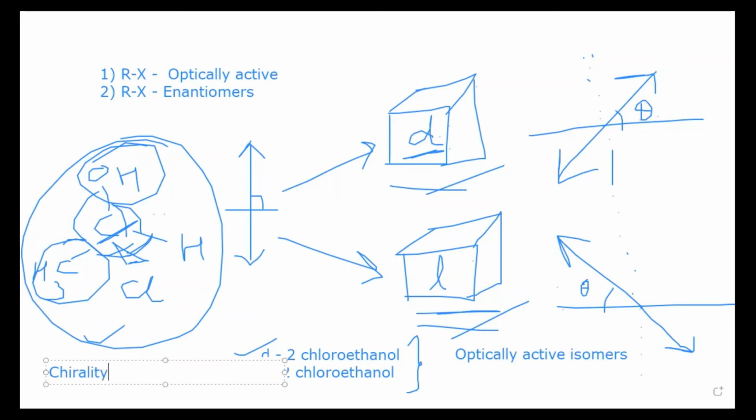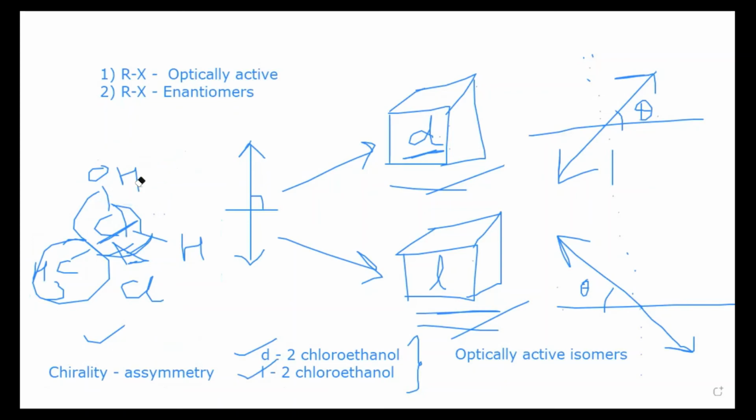First of all, I would like to introduce the term asymmetry. Okay, what is asymmetry? See, the compound that I have chosen over here, 2-chloroethanol, is an example of a compound that shows asymmetry. So what about it? Let me clarify.